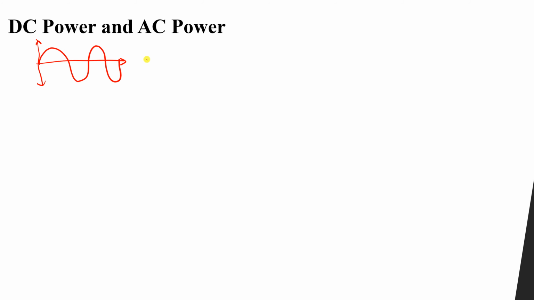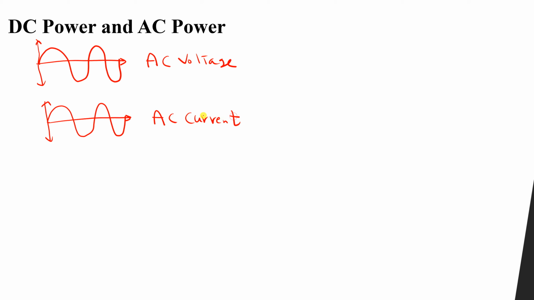Number two, let's go down here and draw the current waveform. As we know, in the resistor the current waveform is similar to the voltage, except it is divided by the resistance. So it will also be a sine wave. This one is the AC current.